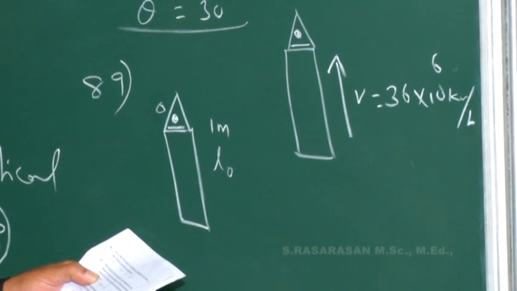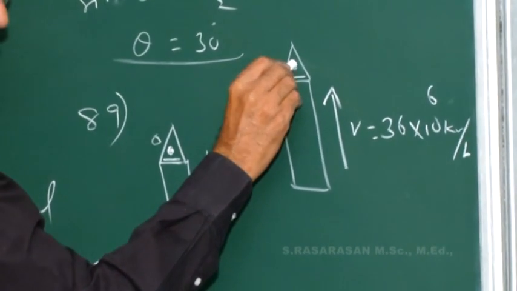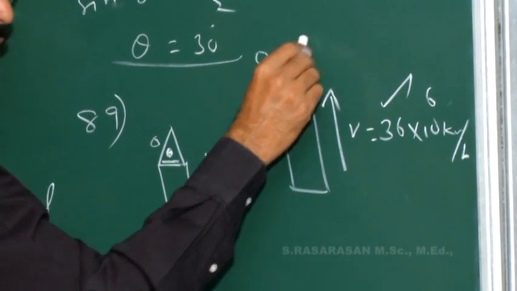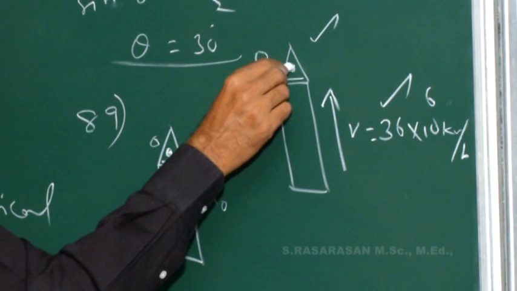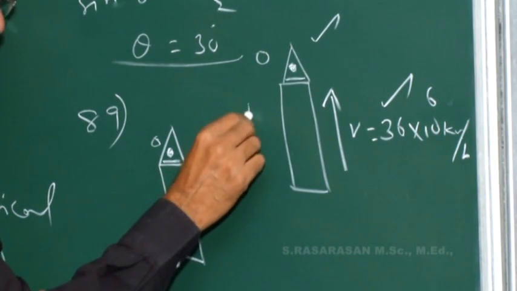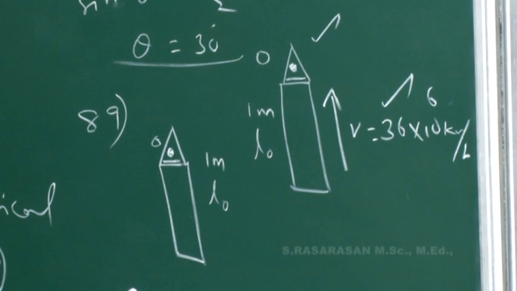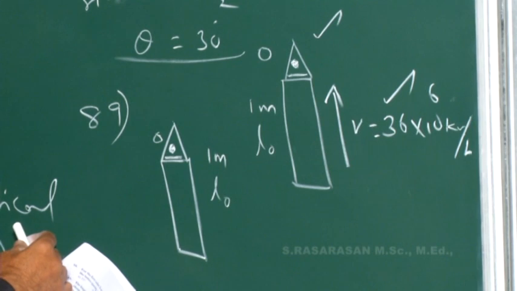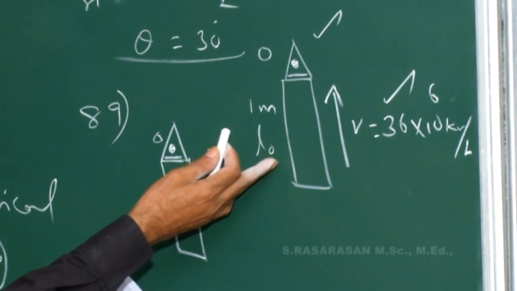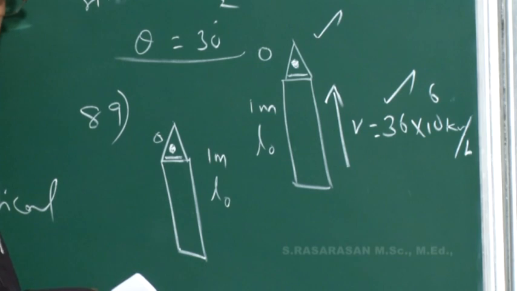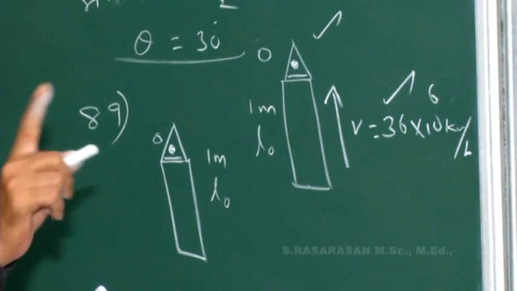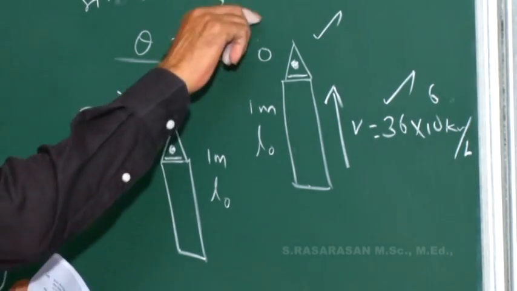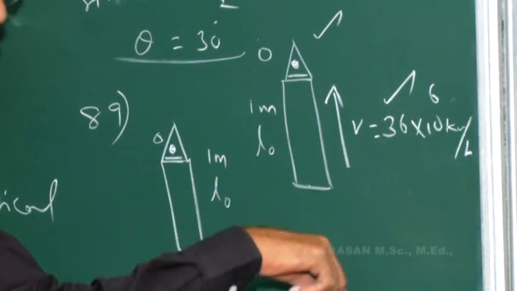The length of the rod as measured by the same observer: even now the rocket is moving with the speed and the observer is also moving with the same speed. This observer measures the length of the rod as 1 meter. It doesn't even look like a problem. This is still the rest length. Why is it the rest length? Even though the rocket is in motion, between the rocket and the observer there is no relative motion. The motion of the observer with respect to the rocket is 0.